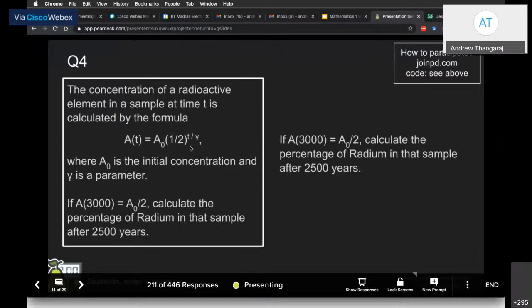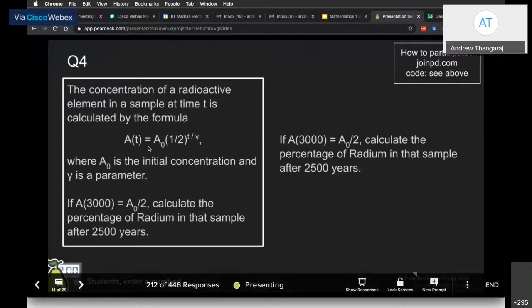You measure one value, and you see what fraction of A naught it is. It's 0.5 A naught, and it turns out that's enough to find gamma. One parameter, one measurement. Once you find gamma, you can find it for any other value of t.